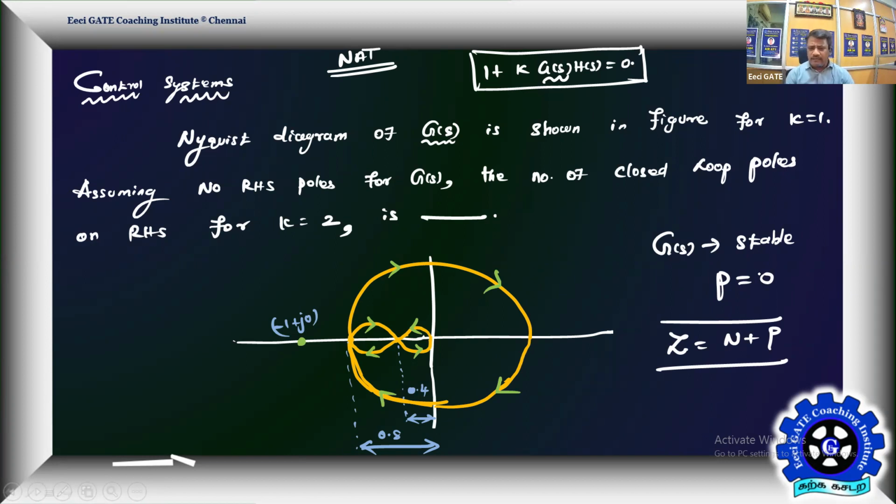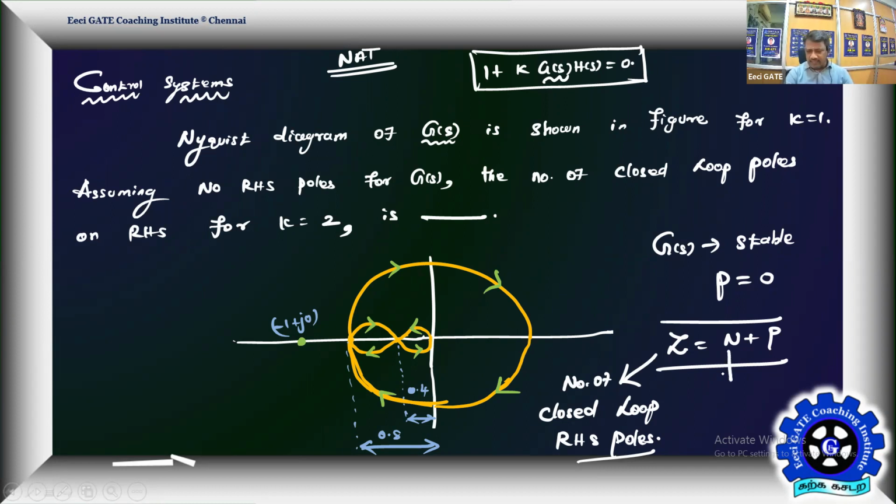Now, Z represents the closed loop right hand side poles. For the closed loop system, it is the number of closed loop RHS poles, which we always dream of getting as 0. We never wish to have a closed loop pole on the right hand side, not even a single one.